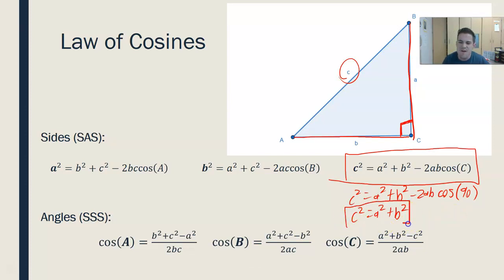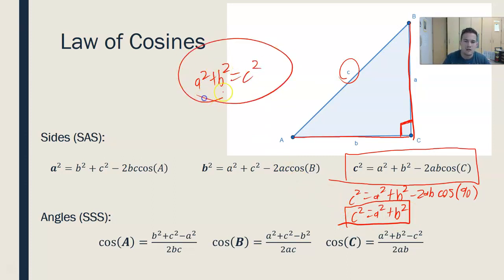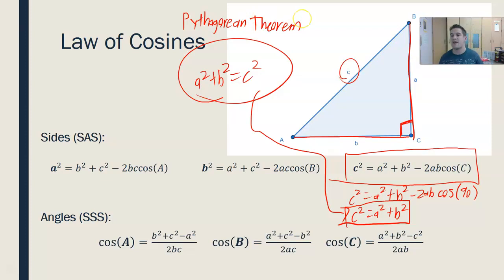Does this look familiar to anyone? A squared plus B squared equals C squared. That's the Pythagorean theorem, is it not? That, by golly, is the Pythagorean theorem. We learned that a long time ago as a way of finding missing sides of a right triangle. So look at this.